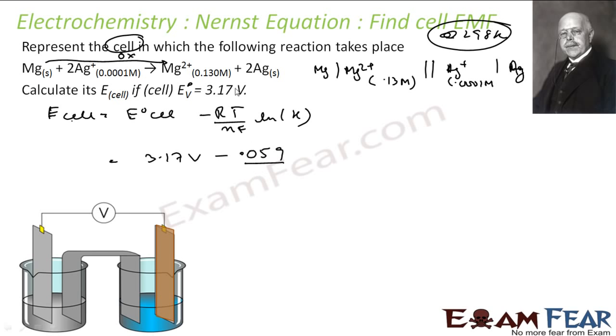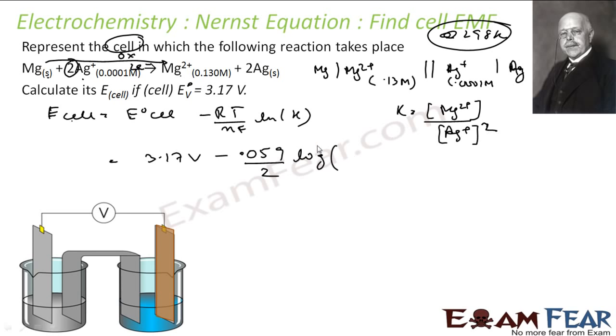And n is 2 electrons, because 2 electrons are getting transferred here: Mg becomes Mg2 plus plus 2 electrons, 2 Ag plus becomes 2 Ag. So 0.059 by 2 into log K, and K is the concentration of Mg2 plus by the concentration of Ag plus whole squared, because there are 2 here.